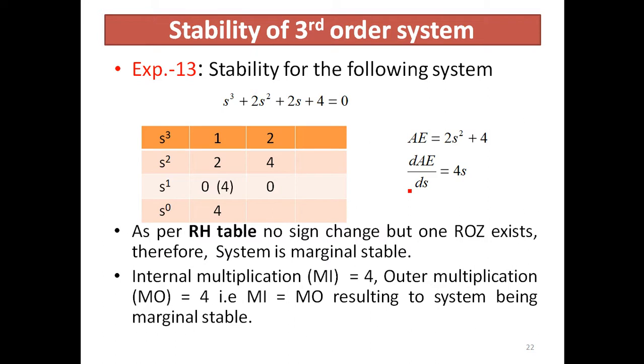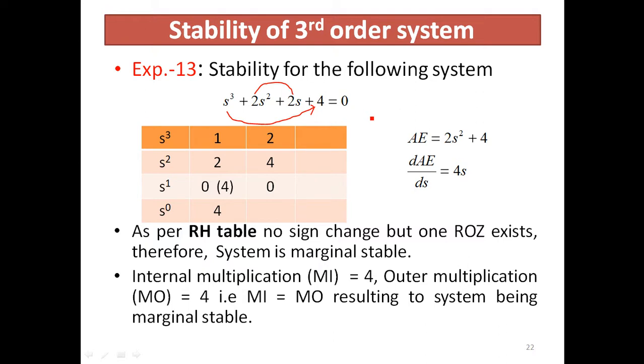Now, this is another example, where the inside coefficient multiplication, 2 into 2, equals 4, and the outside coefficients multiplication is also 4. So the inside coefficient multiplication is equal to the outside multiplication. Therefore, according to this method, it should be marginally stable.